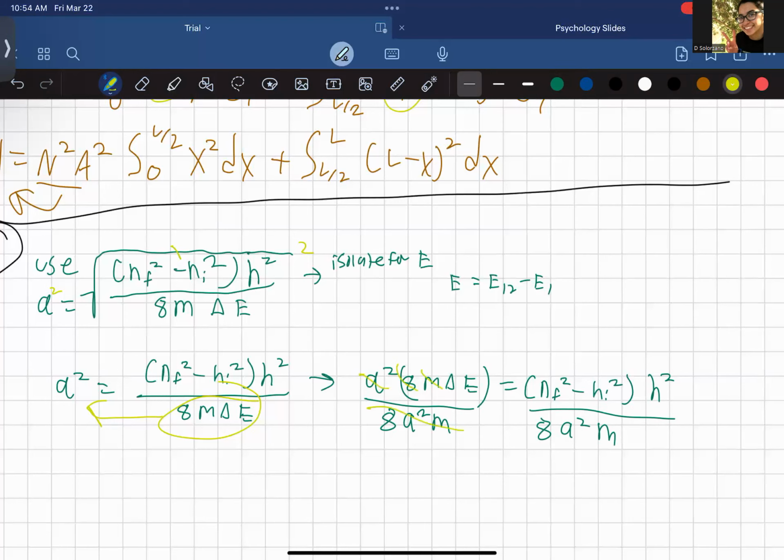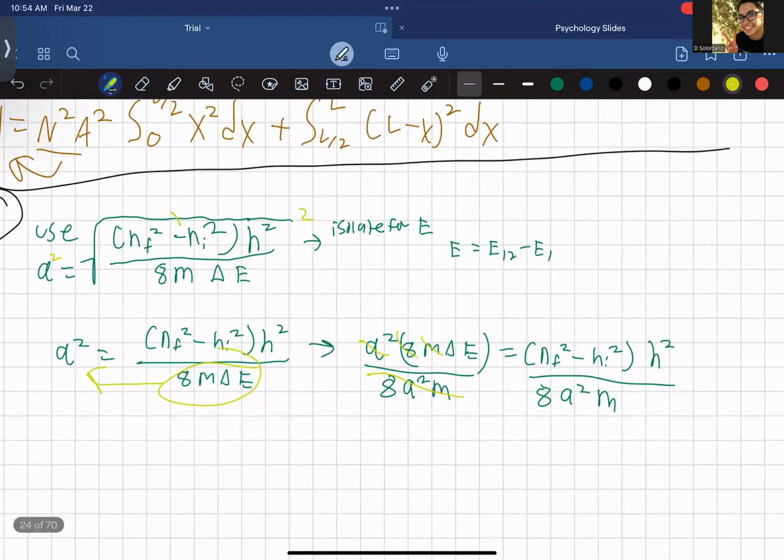And then you isolate for E. I'm gonna write it this way, nf squared minus ni squared times h squared over 8a squared m.